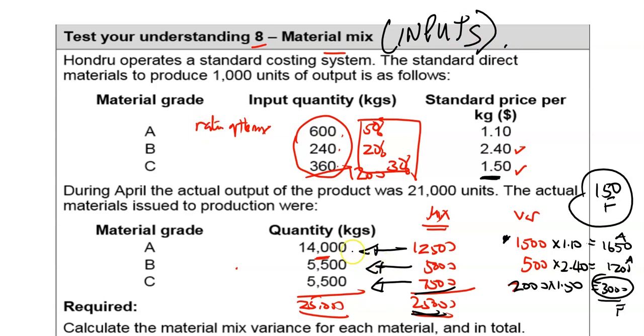So we've just looked at inputs. What was the mix of the inputs compared to what they should have been, given that 25,000 liter glass? Cool, great stuff. So yes, of course, keep practicing, have a go at other questions, but that's the kind of fundamental thinking that we work with over there.